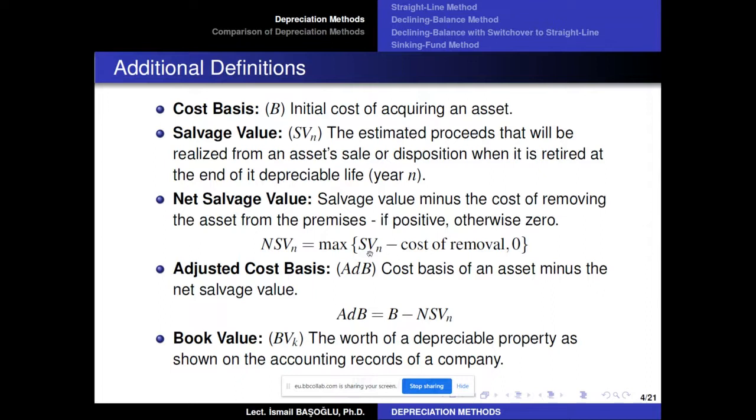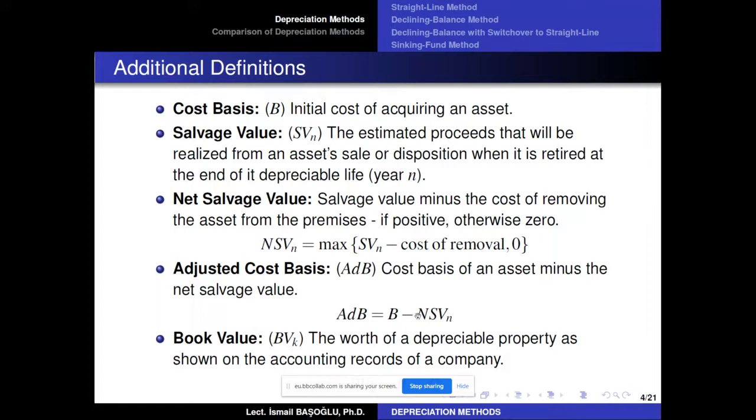In that case, there will not be any net salvage value, so the net salvage value will be zero. However, if the cost of removal is less than the salvage value when you dispose of that machine at the end of n years, then the difference will be calculated as the net salvage value.